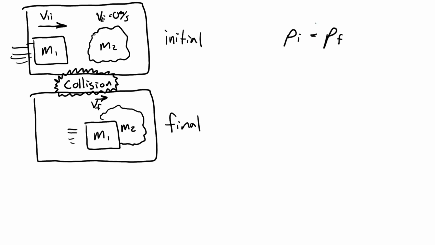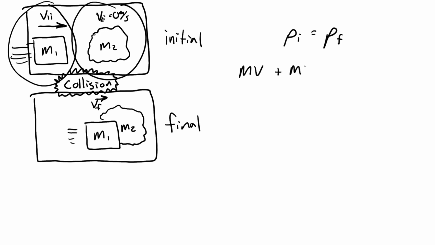Momentum is conserved, so it should be the same quantity, right? So when you're writing this, initially there's two separate objects. So just like the elastic collisions, we have two separate terms, M1 V1I and M2 V2I.